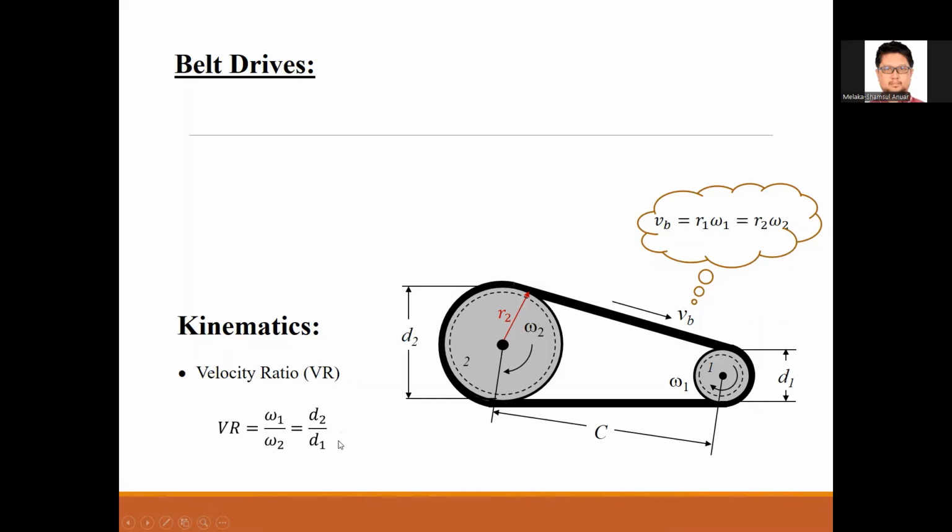Pulleys usually do not have gear teeth, except for certain situations. We have a toothed pulley, like a cogged type of belt. But other than that, most pulleys and sheaves do not have teeth.